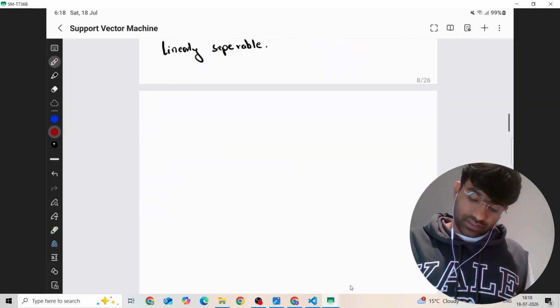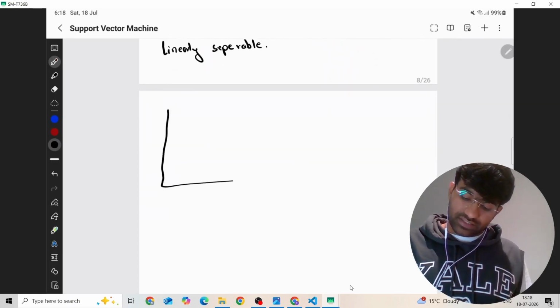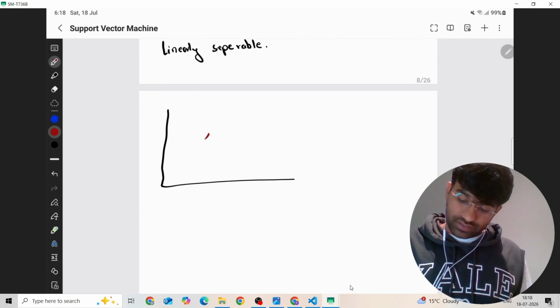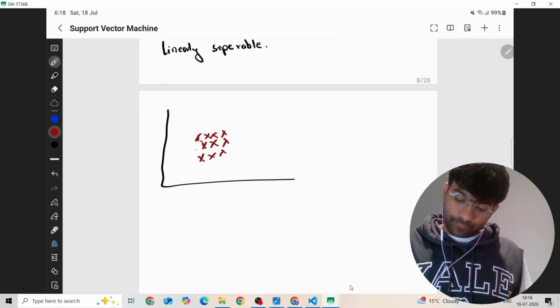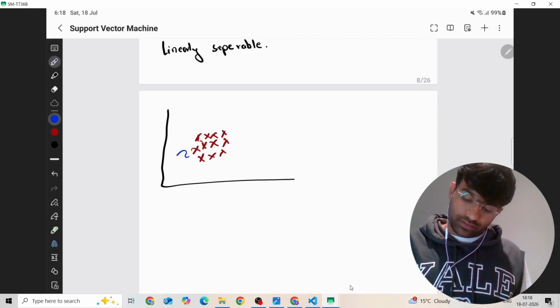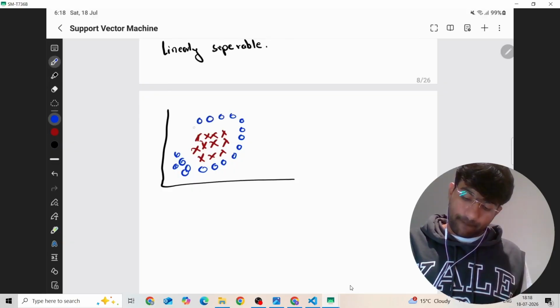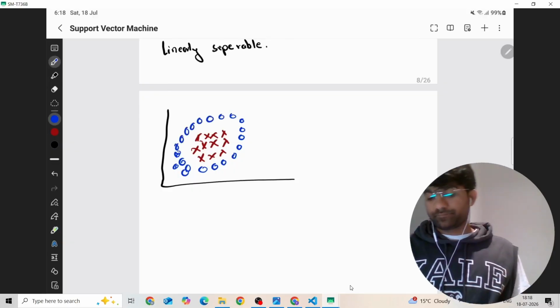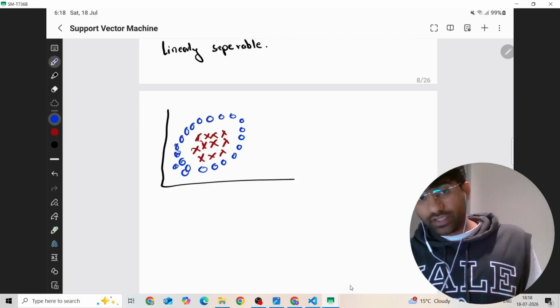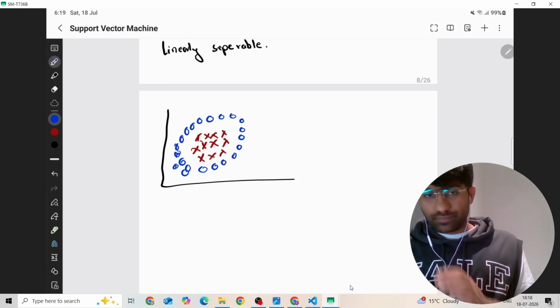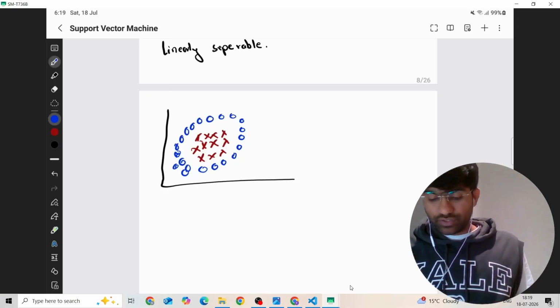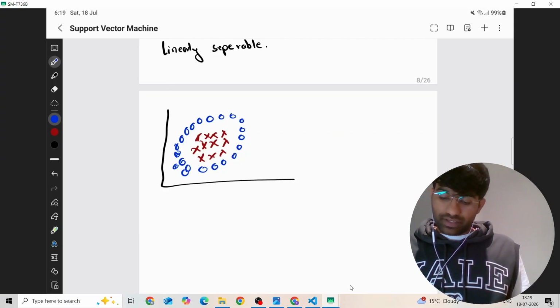And in some cases, the data might look like this. These are possible scenarios. You cannot separate it linearly. These are not linearly separable data. You cannot make the hyperplane here.